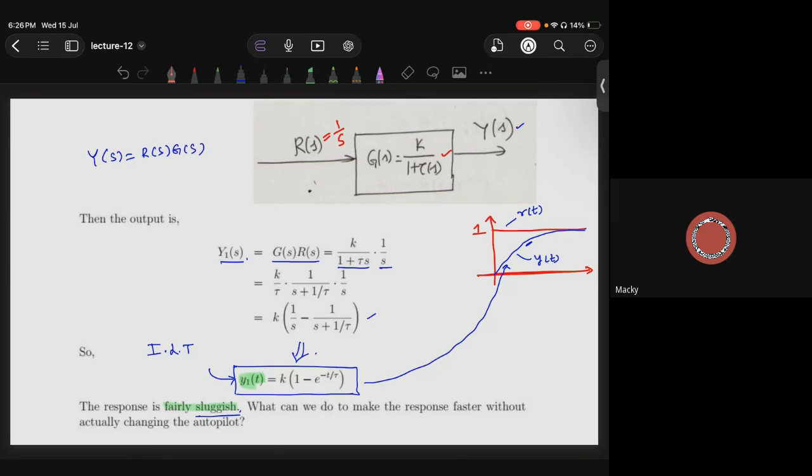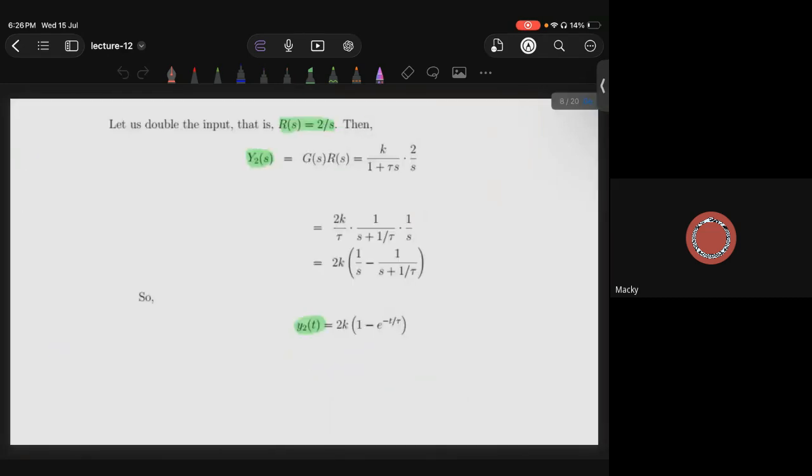Now what we can do is, instead of R of S equal to 1 by S, let us say R of S is equal to 2 by S. If you follow the same thing, let us say that is Y2, you got this response.